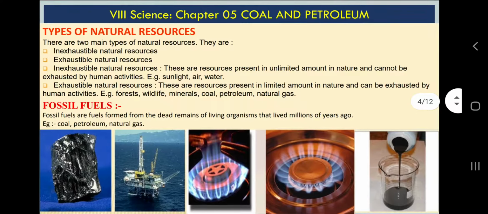Now we have taken some examples of natural resources, and every resource is useful for us in several ways. If you want to categorize these natural resources, then two very simple categories we can make: exhaustible and non-exhaustible or inexhaustible.